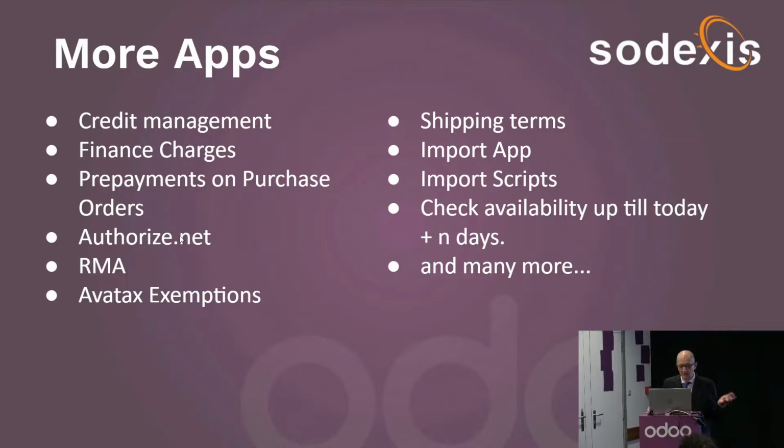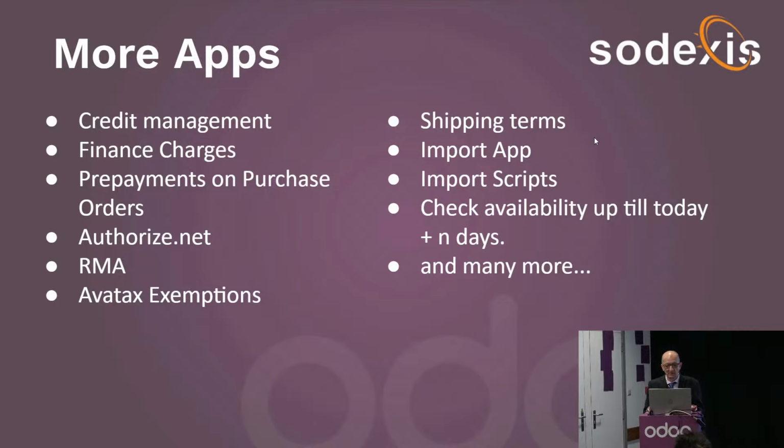You can manage everything about credit cards on the back end. We have a return management app. We have contributed a lot to the Avatax app, and we also added the management of Avatax exemptions in Odoo as opposed to having to go to Avatax.